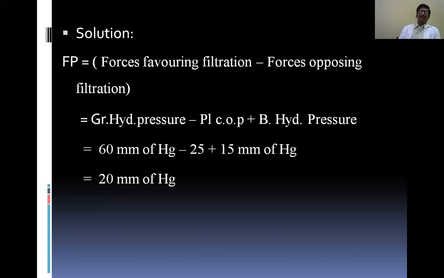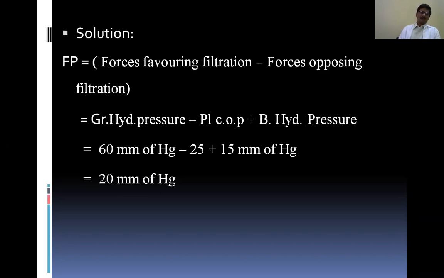Yes, here also the effective filtration pressure is equal to forces favoring filtration minus forces opposing filtration. So in this case, it is glomerular hydrostatic pressure minus plasma colloidal osmotic pressure plus Bowman's capsular hydrostatic pressure.